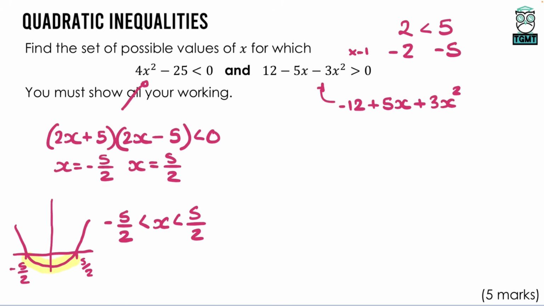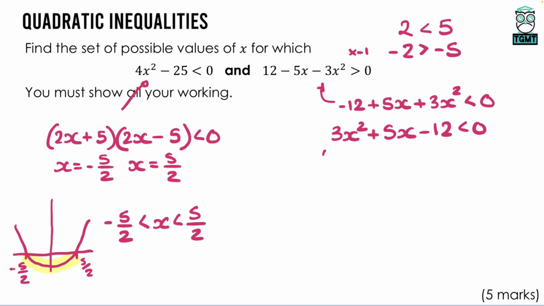So when we do that, the symbol has to flip. And we just apply this to more complex versions of it. So this is obviously a lot more complex version, but the symbol flips and it's now less than 0, which matches our other inequality. So I want to reorder this so it's written as a usual quadratic, so 3x squared plus 5x minus 12 is less than 0.